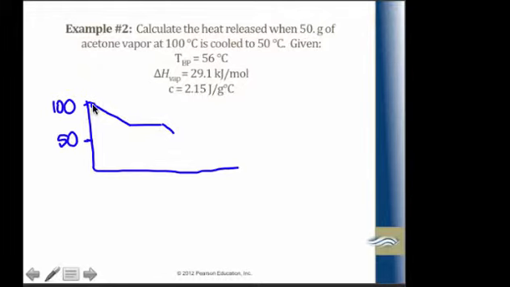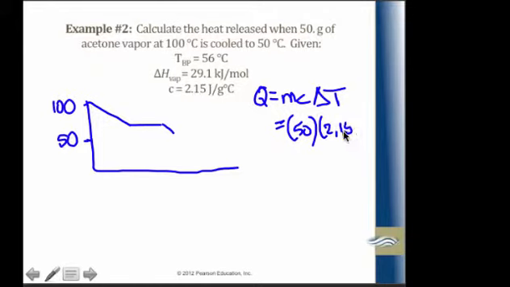We have the cooling heat from 100 to 50. The Q equals mc delta T will be that range. Q equals mc delta T. My mass is 50 grams. The specific heat of this material is 2.15, and I have a 50 degree temperature range.